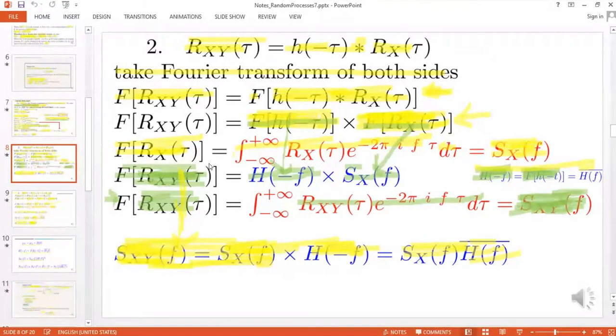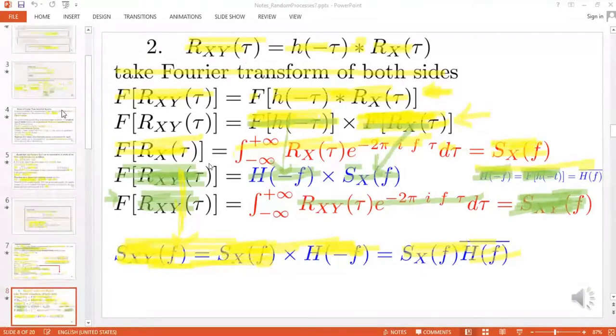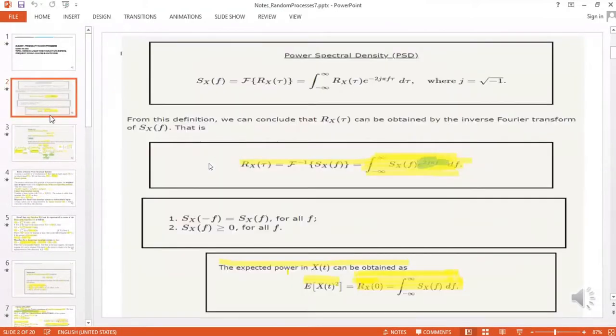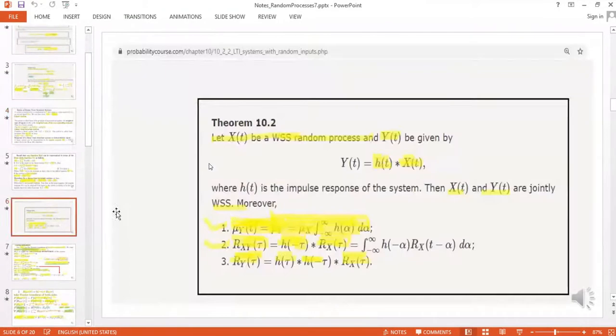In that theorem, if you remember, the second result is this one: R_xy(tau) is the convolution of h of minus tau with R_x(tau).